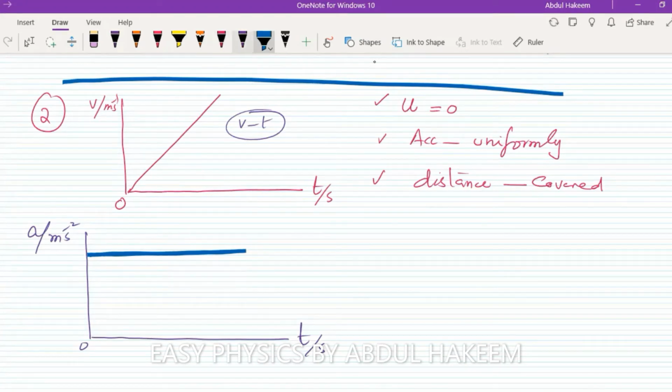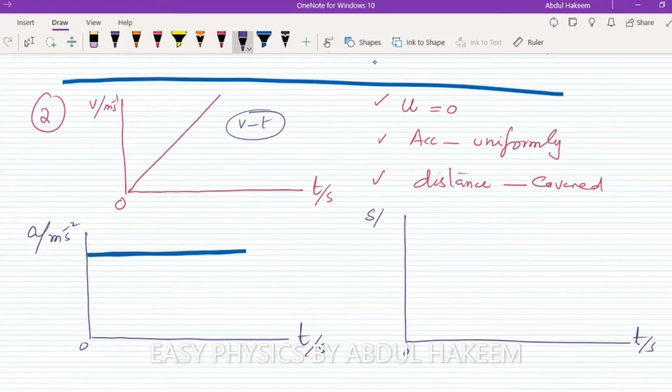And the next, we have to plot distance covered against time. So this is distance, s in meters. The gradient of the distance time graph is speed. Look, the speed is increasing. So this gradient must be increasing.